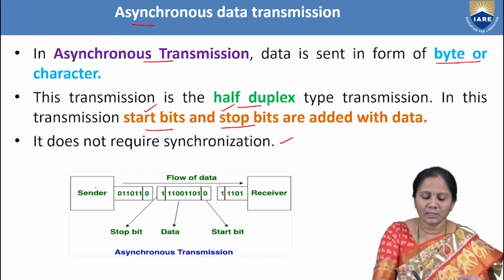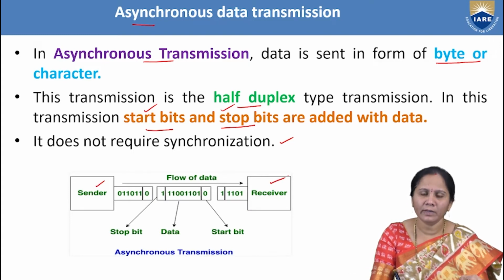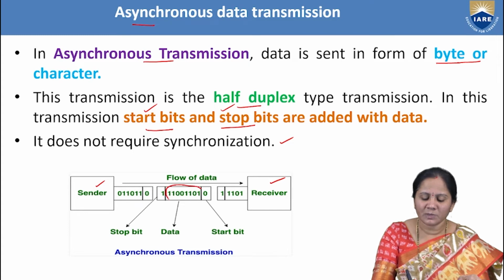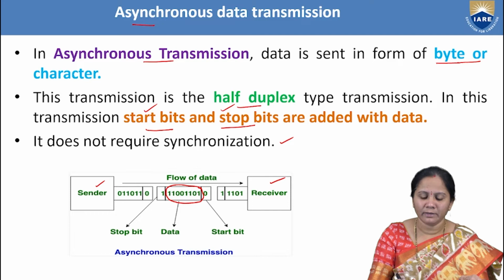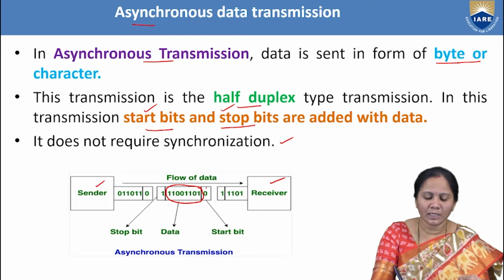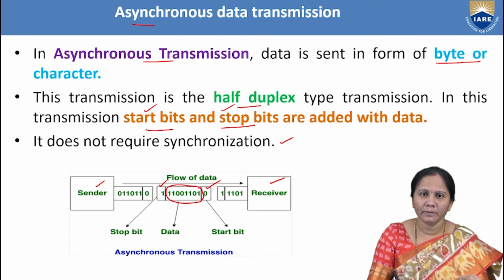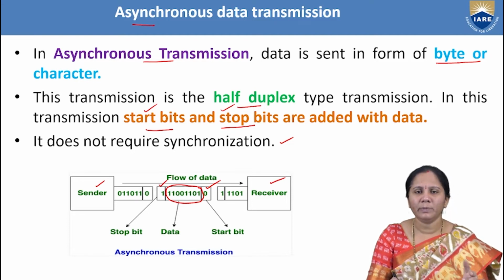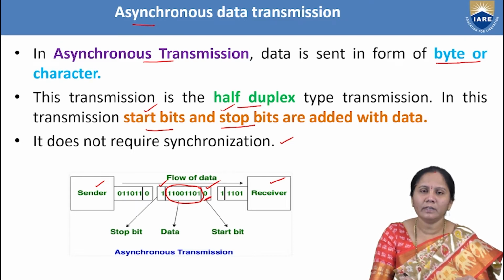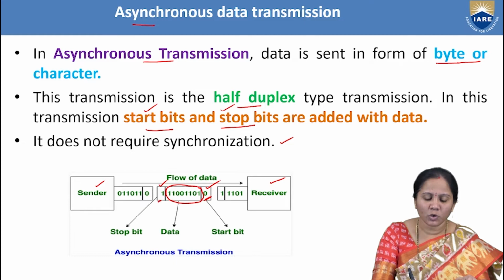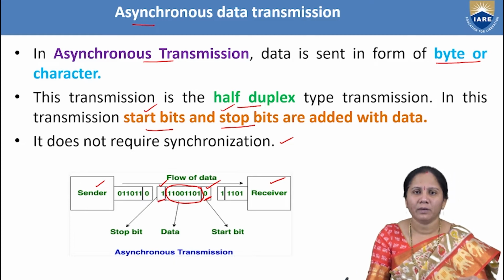So if we consider here, this is the sender and receiver, where the data is transmitted in the form of byte or character. For this data, we can see here start bit and stop bit is added. Like that, for each byte or character, one start bit and stop bit will be added. Here the start bit will be indicated with a 0 and the stop bit will be indicated with 1.